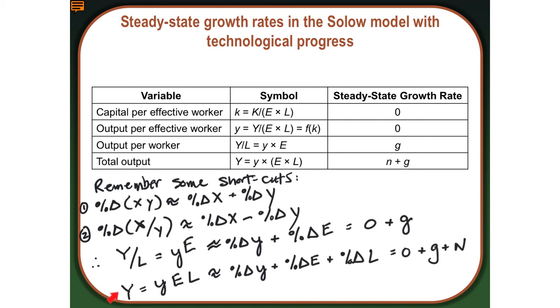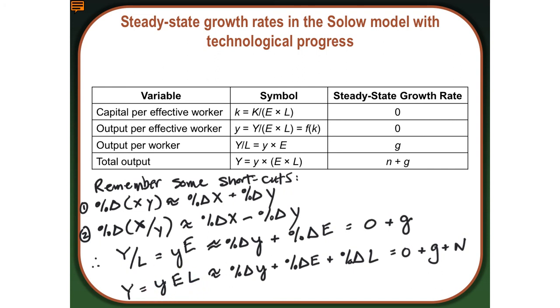If we were to look at total GDP in the economy, that would just be aggregate output, big Y. How much is this growing in steady state? Using the same logic, to get this expression for total output, we multiply both sides by L to isolate the Y. So we're left with Y equal to little y times E times L. If we use the same shortcut, we can figure out how much this right-hand side is growing.